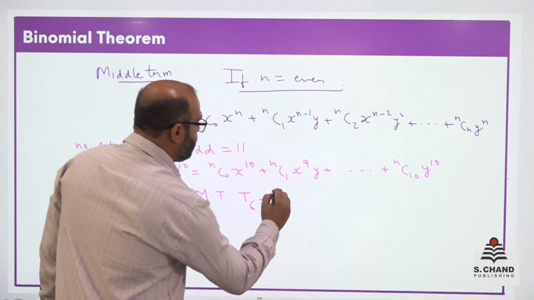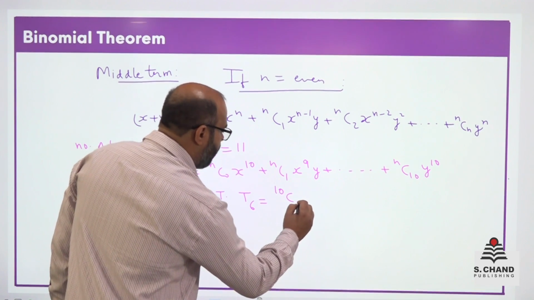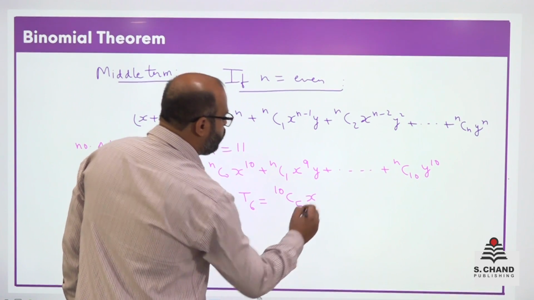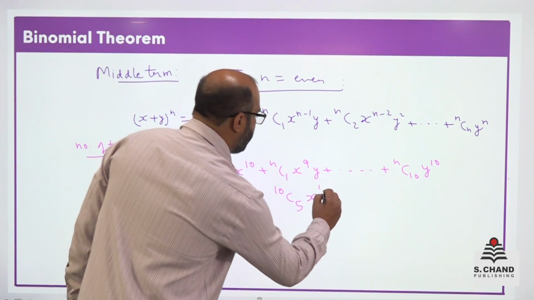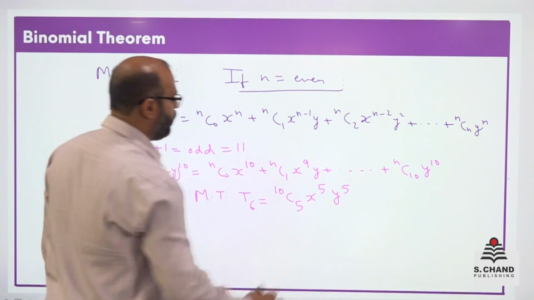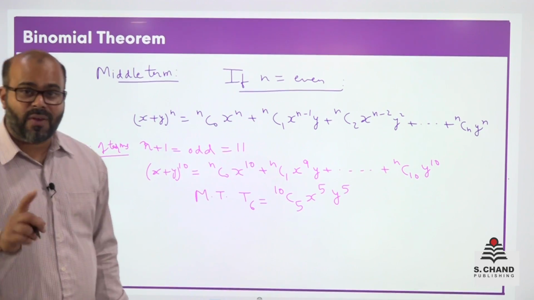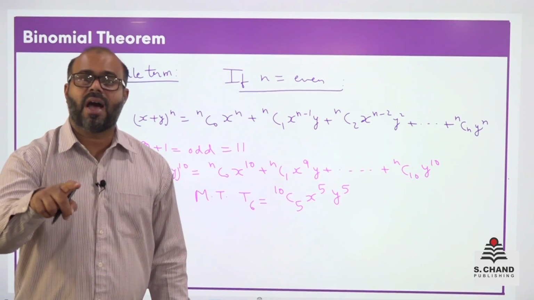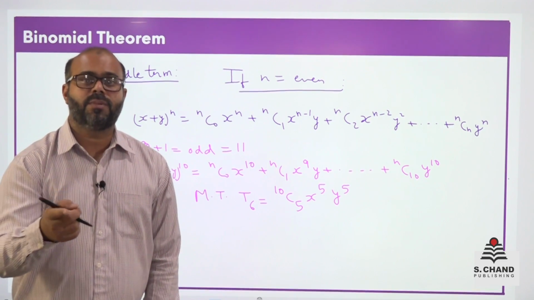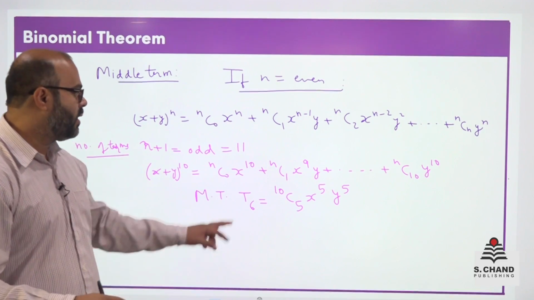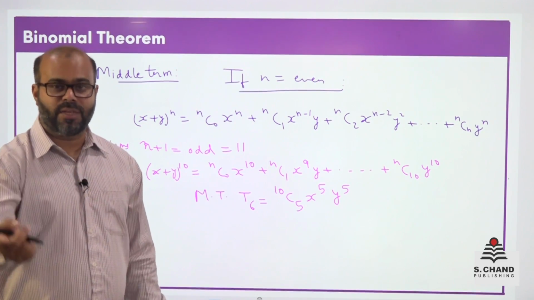That term is 10C5 x^5 y^5, because r is 5. If it is the sixth term, then r is actually 5, because the general term is the (r+1)th term, so r is 1 less than the term number.